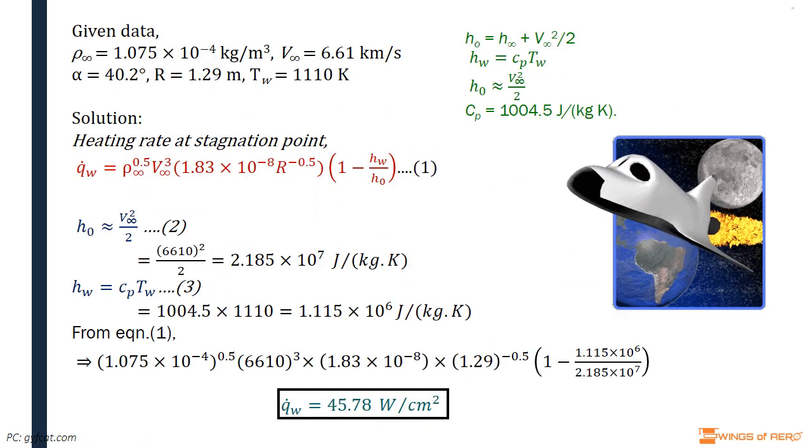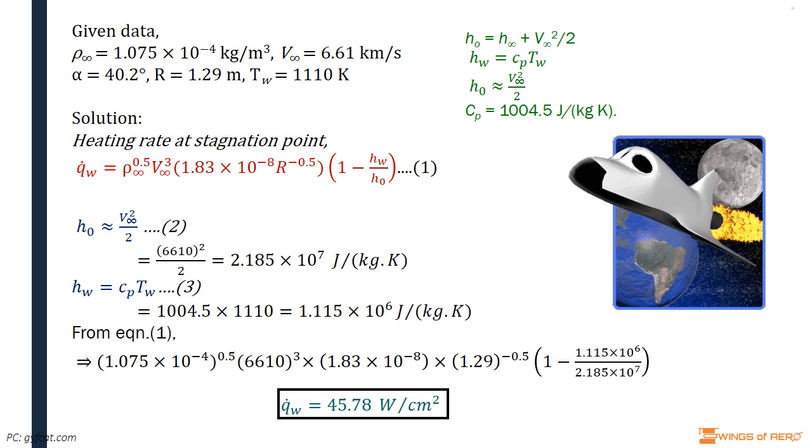Given data. Here, the space shuttle enters the Earth's atmosphere at an altitude of 68.9 km, density rho infinity is 1.075 × 10^-4 kg/m³, and velocity of the space shuttle V infinity is 6.61 km/s.